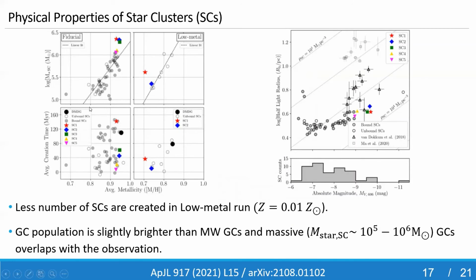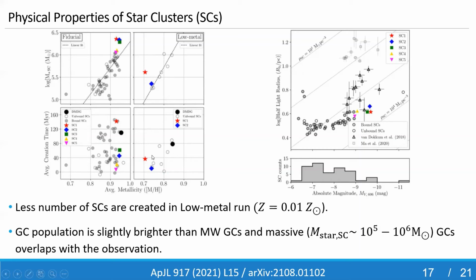Here is an analysis of star cluster properties in comparison with the observed values. The stellar mass of star clusters is between 10 to the 8 and a little more than 10 to the 6 solar mass. Metallicities and creation times of star clusters and DMDG stars differ slightly, as you can see here.